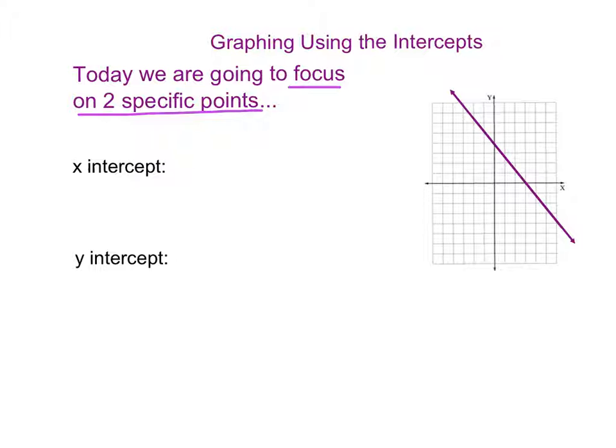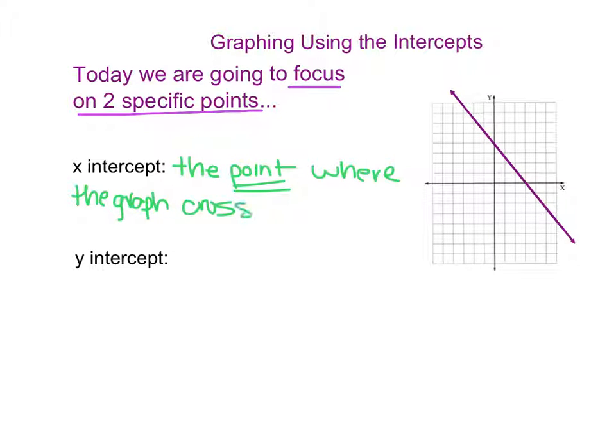The x-intercept is the point, and notice that it's a point. You need to know that the x-intercept is a point. The x-intercept is the point where the graph, so our line, crosses the x-axis. So the x-intercept is where we cross the x-axis. And remember, the x-axis is this horizontal number line here.